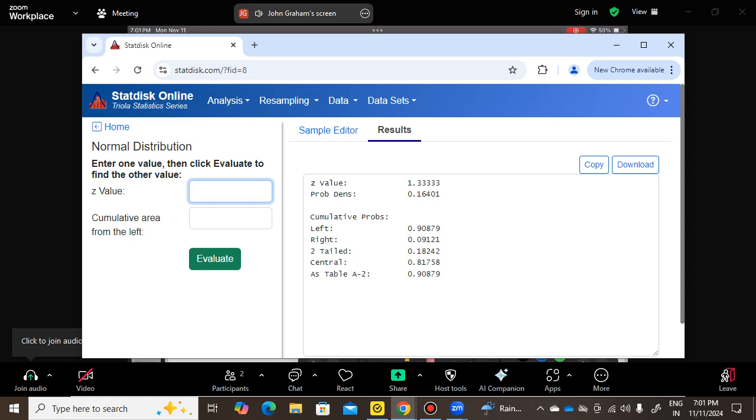So start with the higher one, 1.75. We get a left probability of 0.95994, and then 0.5 is the probability of 0.69146. When we subtract them, we get 0.268, and so it's about 26.8%.